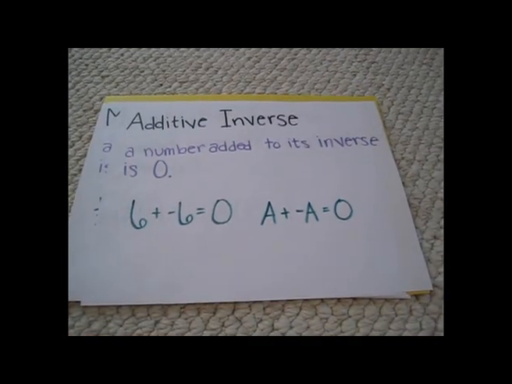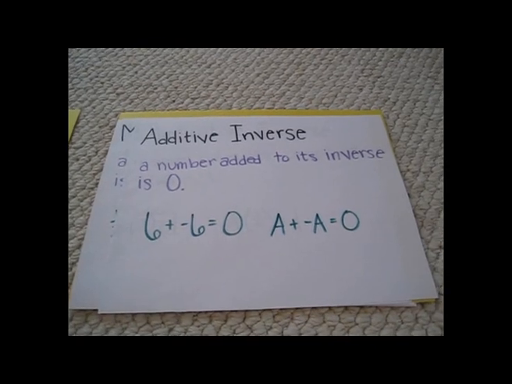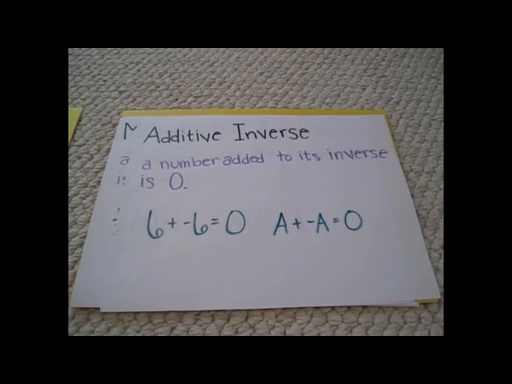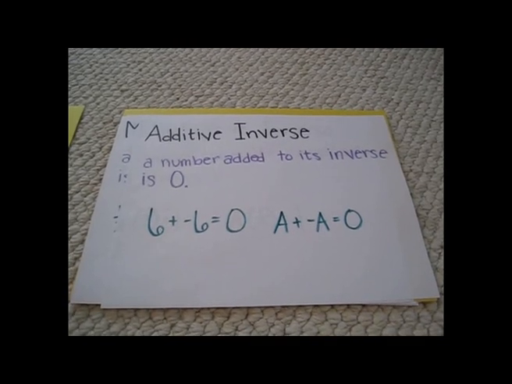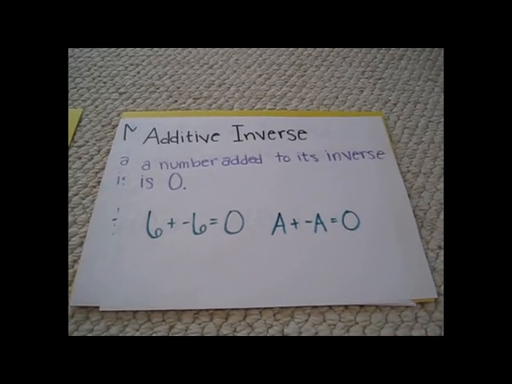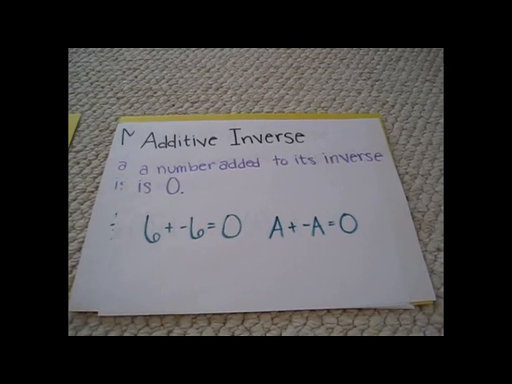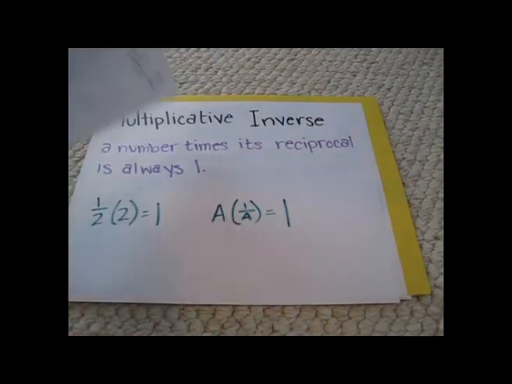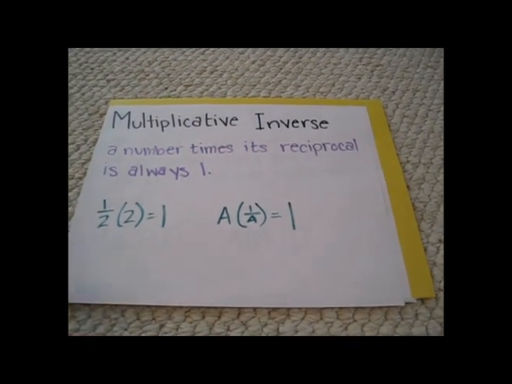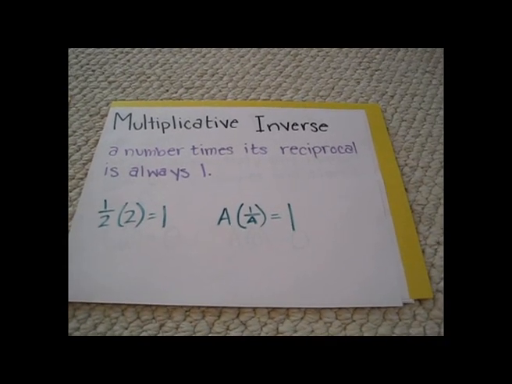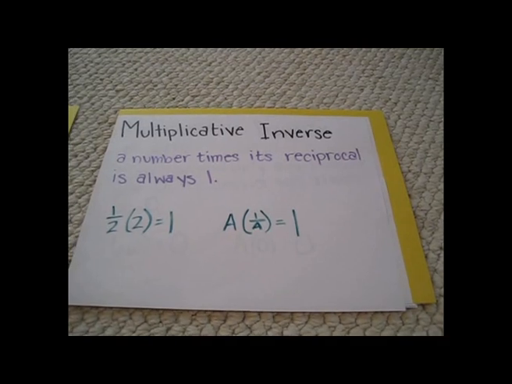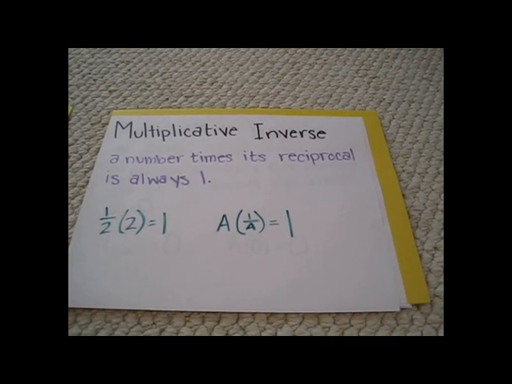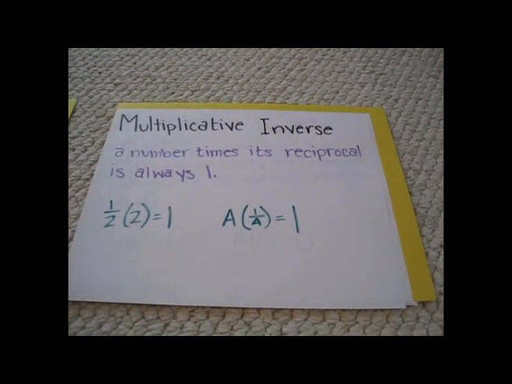The additive inverse property is when a number is added to its inverse, or the negative form of that number, it's always going to end up as 0. So 6 plus negative 6 is 0, and A plus negative A is 0. The multiplicative inverse property is where a number times its reciprocal, or the fraction form of that number flipped over, is always 1.